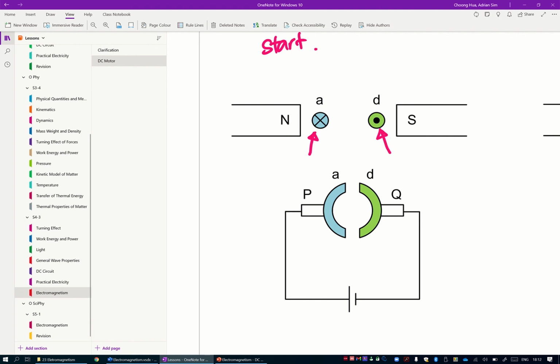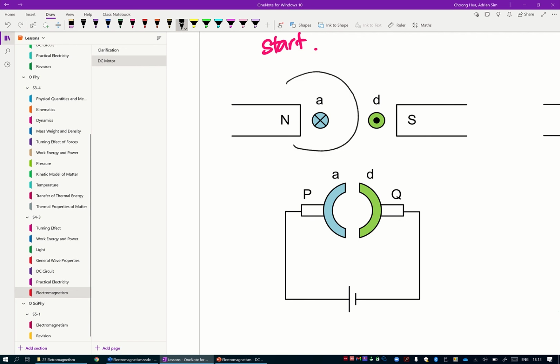Now you're going to use Fleming left-hand rule at point A. Focus on this region here. Middle finger points into the plane, index finger points from north to south, and the thumb now points downwards.